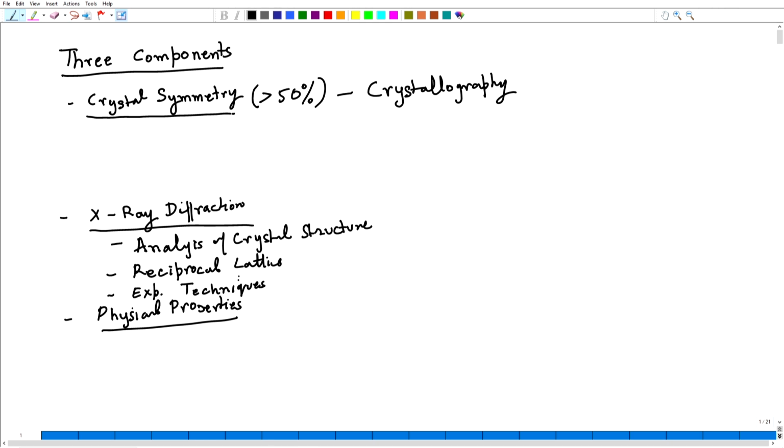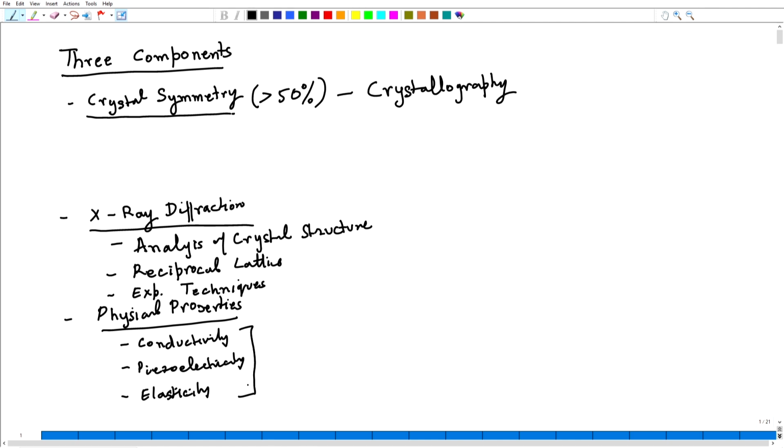And in physical properties, we will look at properties like conductivity, piezoelectricity, elasticity, among others.